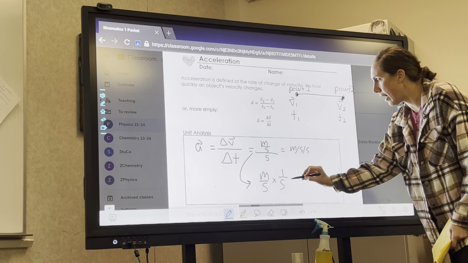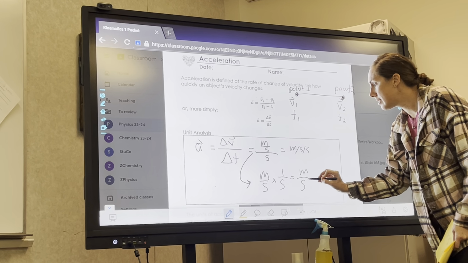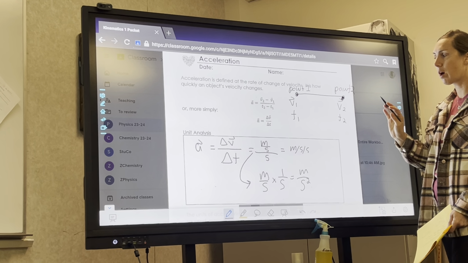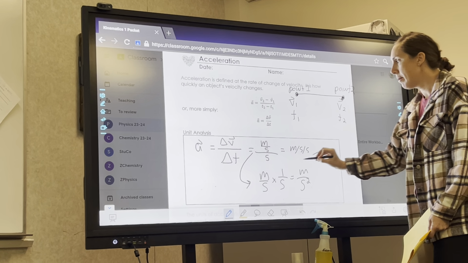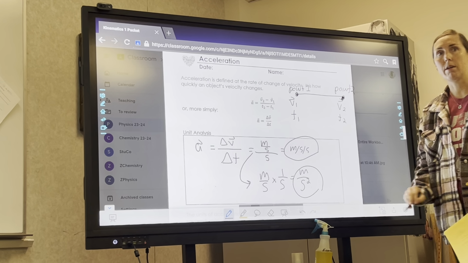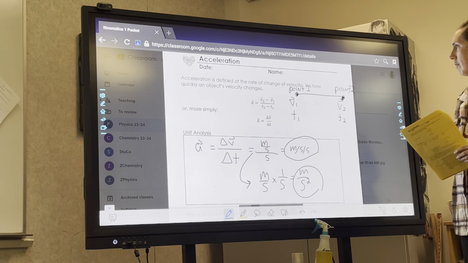And that's how I get meters per second times seconds, seconds squared. So the units for acceleration are meters per second squared, or like kilometers per hour squared. Okay, so let's move on.